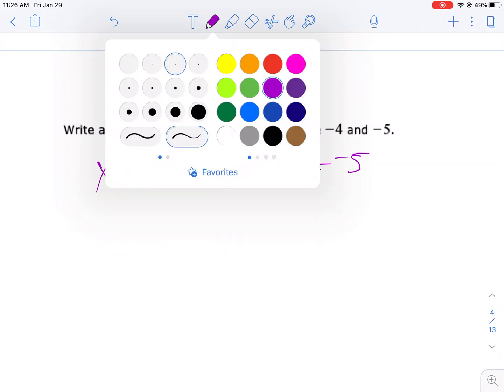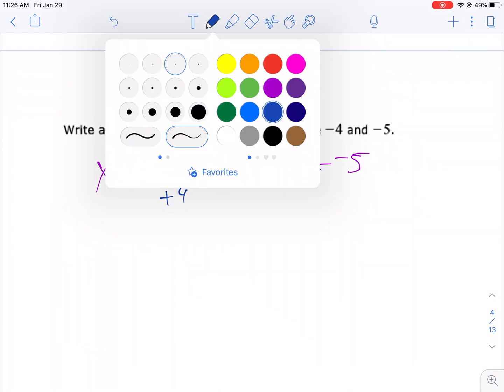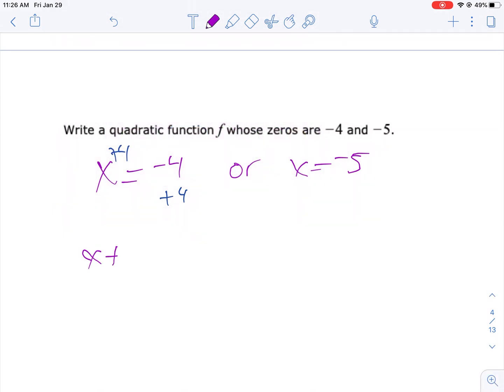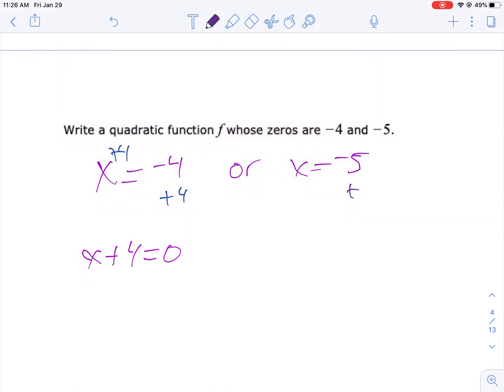So I think what I'll do is I'll add 4 to both sides. So then we get x plus 4 equals 0. Over on the right-hand side, we'll add 5 to both sides. x plus 5 equals 0.